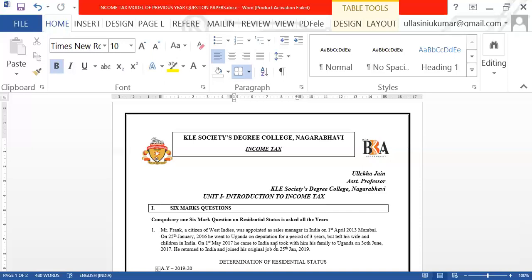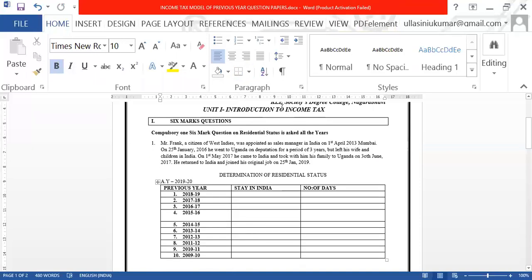Here, Mr. Frank, a citizen of West Indies, was appointed as sales manager in India on 1st April 2013, in Mumbai. So he came to India for the first time on 1st April 2013. On 25th January 2016, he went to Uganda on deputation for a period of 3 years.